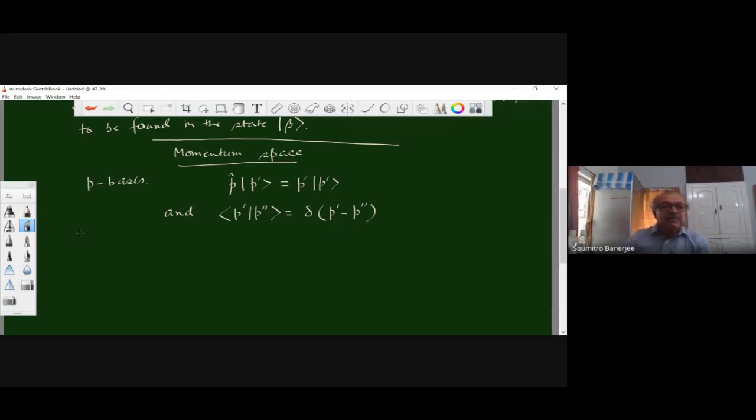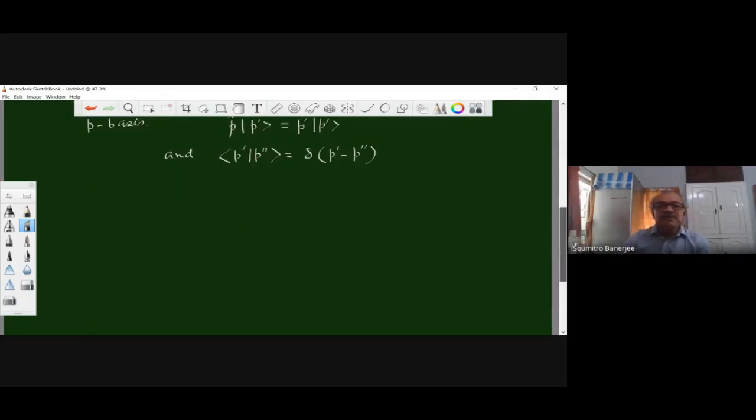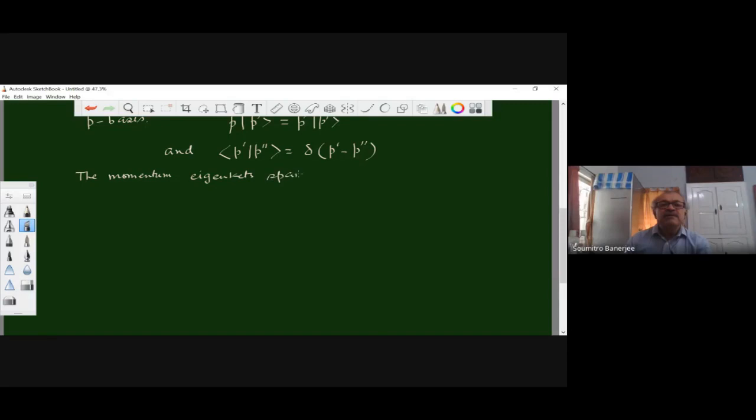And then the momentum eigenkets have to span the whole space, the ket space. That means all functions can be expressed in terms of these momentum eigenkets.